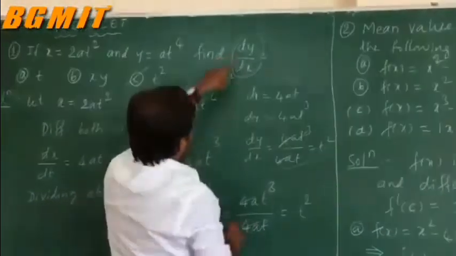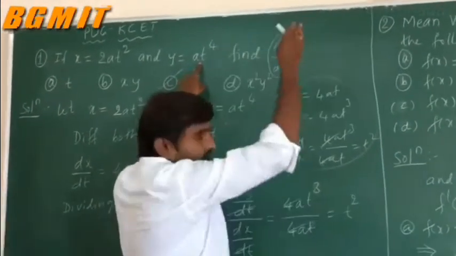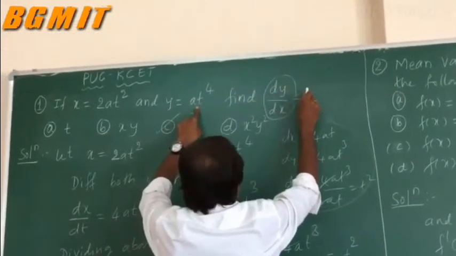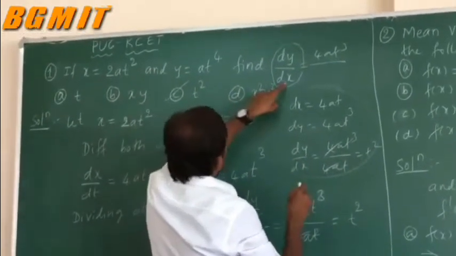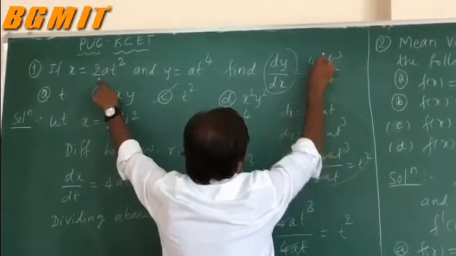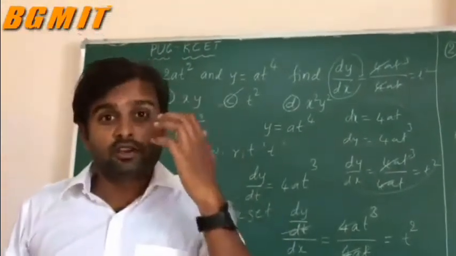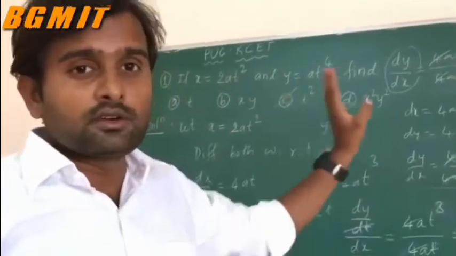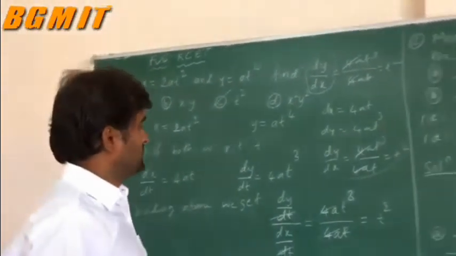You have the y function like this. Differentiate with respect to t, forget about dy by dt: here is 4at cube divided by, now for the function we need dx, differentiating with respect to t. Like this you can do directly, but we should also know the procedure like this.